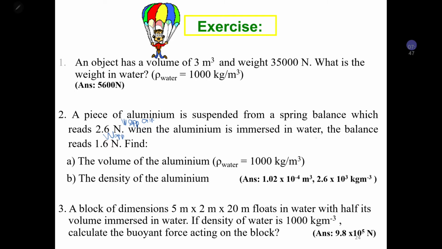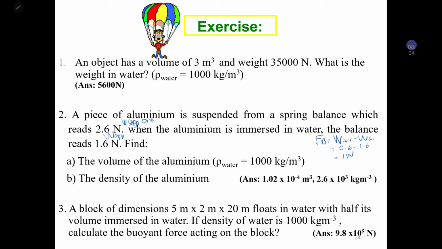Okay, so first we need to know the buoyant force. Buoyant force adalah sama dengan W air minus dengan W apparent. So 2.6 minus 1.6 dia akan jadi 1 Newton. Okay, dah siap ke? Belum.